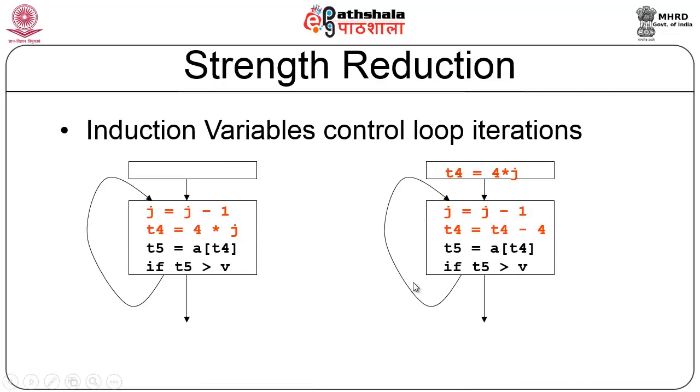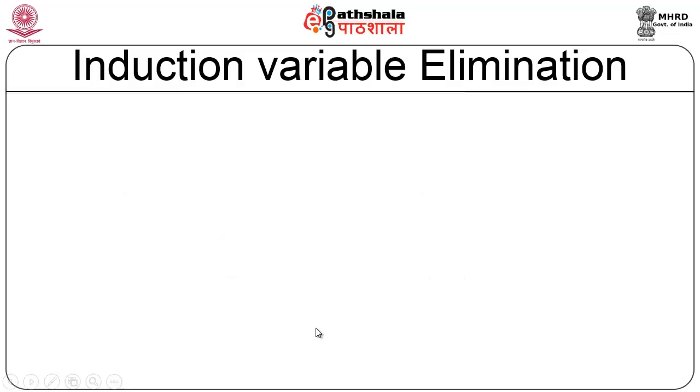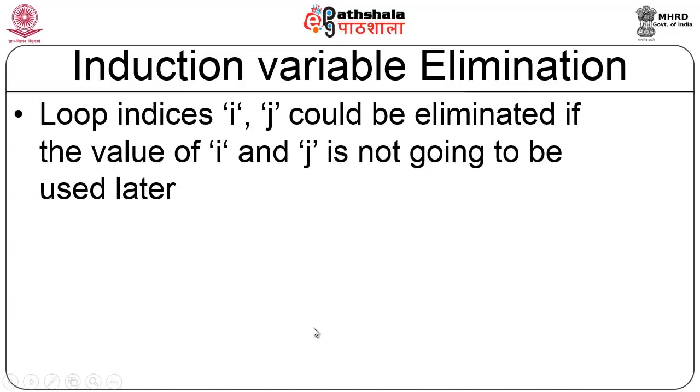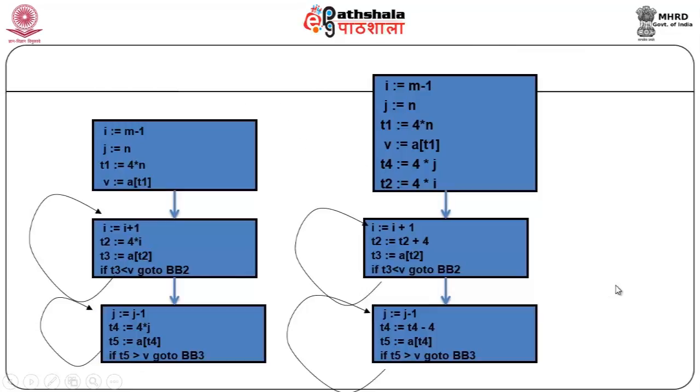Induction variables control the loop iteration, therefore that should be taken care of. The last one is induction variable elimination, where the loop indices, typically i, j, etc., could be eliminated if the values of i and j are not going to be required later. For example, here i and j are used, but if you remember, the next block B4 will be checking on i and j, so in that case i and j become essential.